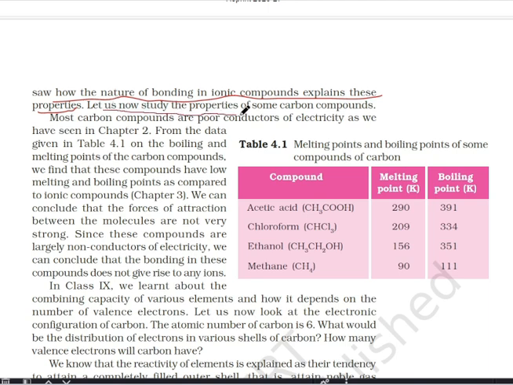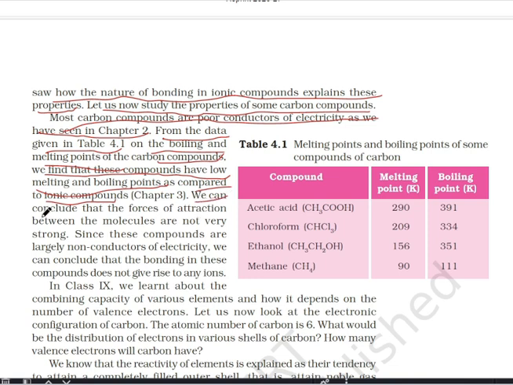Let us now study the properties of some carbon compounds. Most carbon compounds are poor conductors of electricity, as we have seen in chapter 2. From the data given in table 4.1 on the boiling and melting points of carbon compounds, we find that these compounds have low melting and boiling points as compared to the ionic compounds.